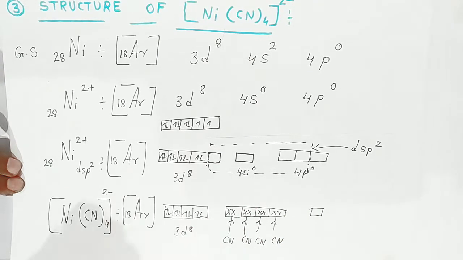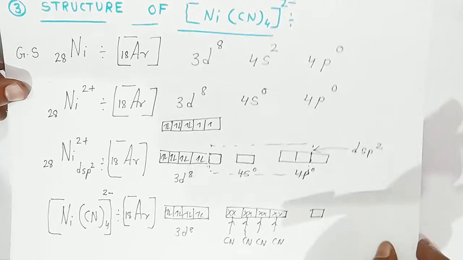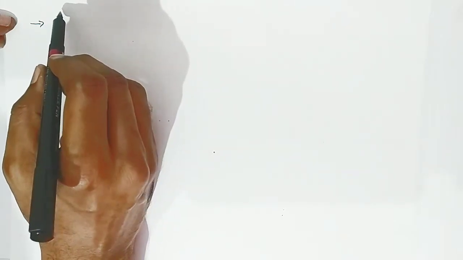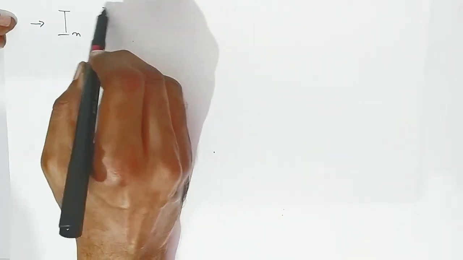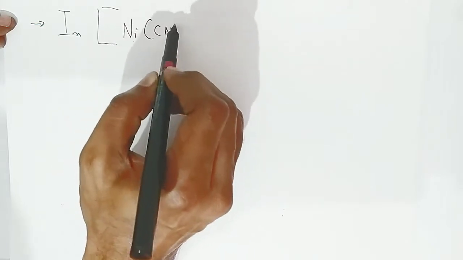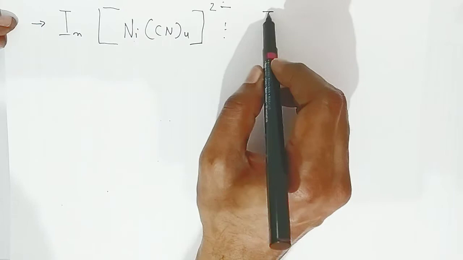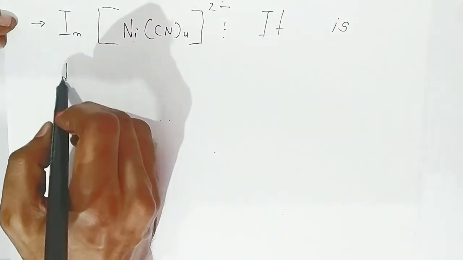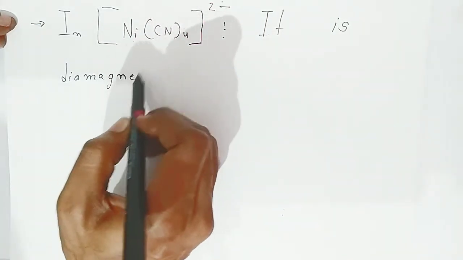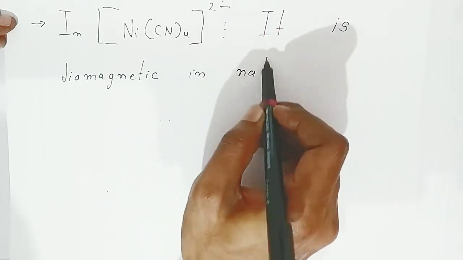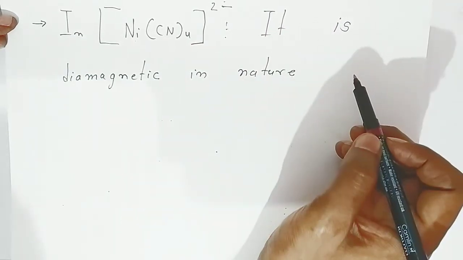Now students, because there is no unpaired electron, it is diamagnetic in nature. In the complex nickel tetracyanide 2 minus, it is diamagnetic in nature because it has dsp2 hybridisation.